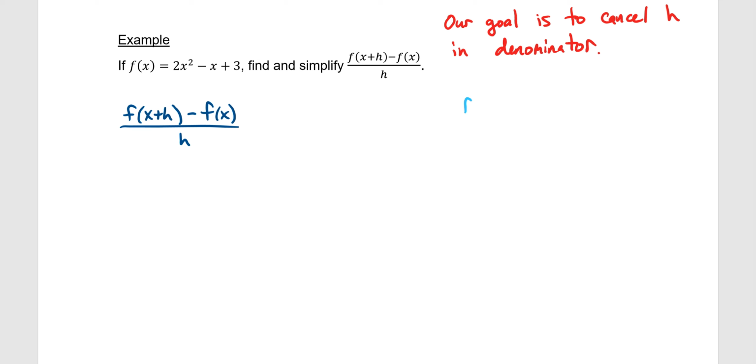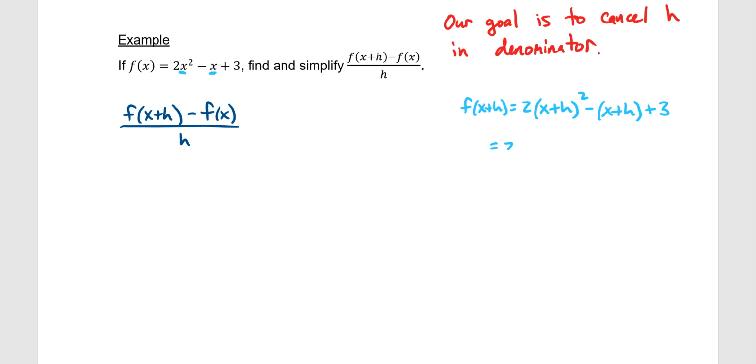So for f of x plus h, all we're going to do is plug in an x plus h everywhere we see an x. So that's going to be 2 times (x plus h) squared minus (x plus h) plus 3. And we have to simplify this a little bit. So simplifying this, we would have to FOIL out (x plus h) squared.